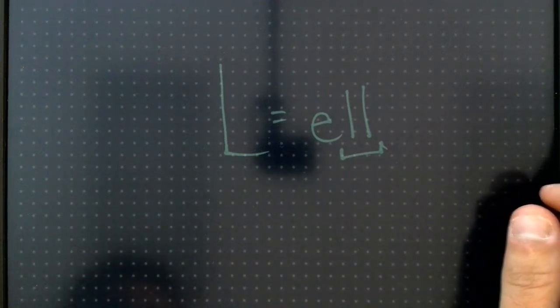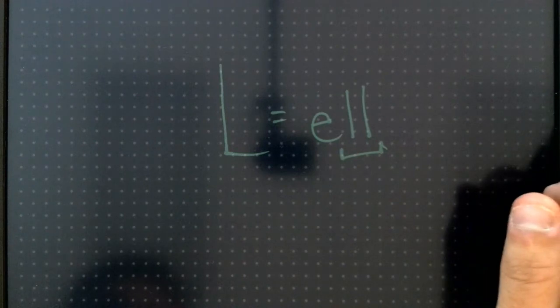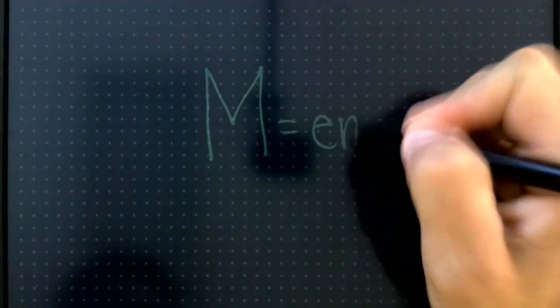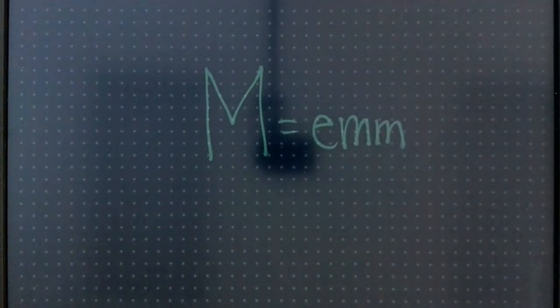Alright, the next few are very similar to English, but not quite the same. So up next, we get to M, and M is M. So again, more pronounced, defined, clear.